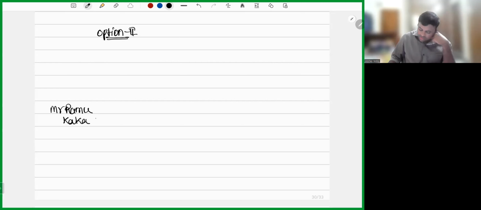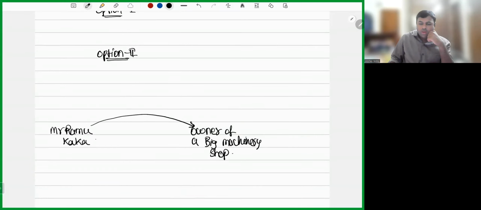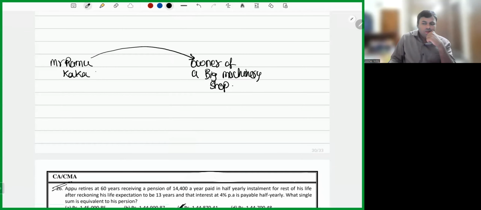He went to a person who is the owner of a big machinery shop, and he asked the owner, dear owner, this is one machinery in your shop which produces very good things. I want you to sell that machinery to me.